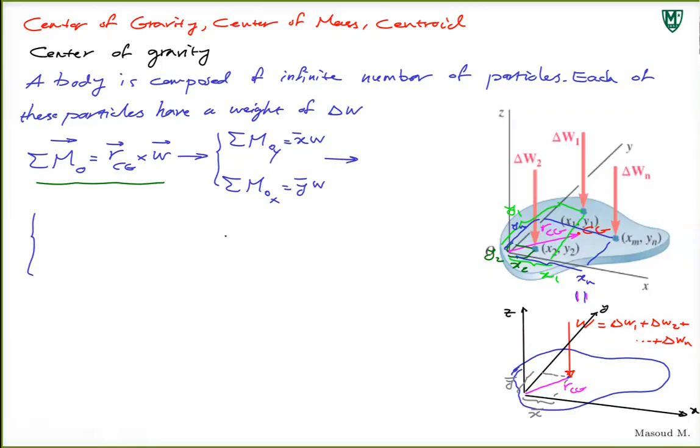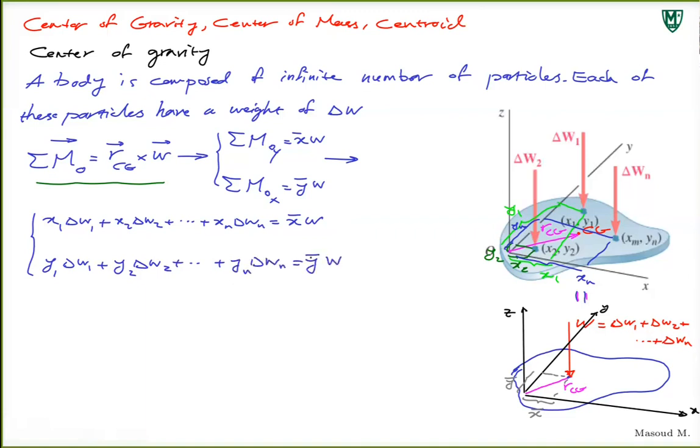From the first one, you will get X1 delta W1 plus X2 delta W2 plus Xn delta Wn equal to X bar W, the equivalent system. From the second one, you'll get Y1 delta W1 plus Y2 delta W2 plus Yn delta Wn, which gives you Y bar W.